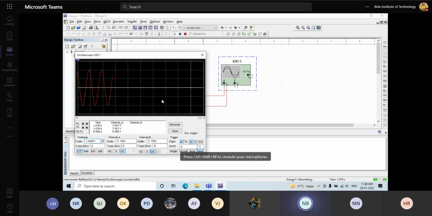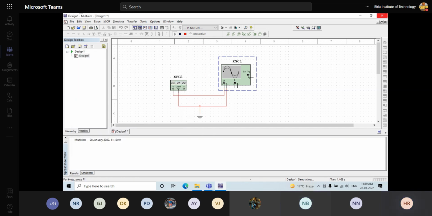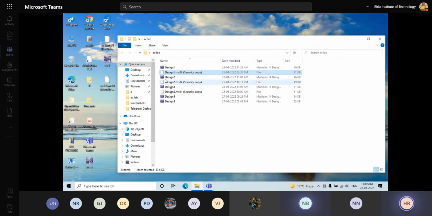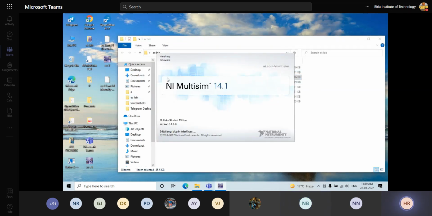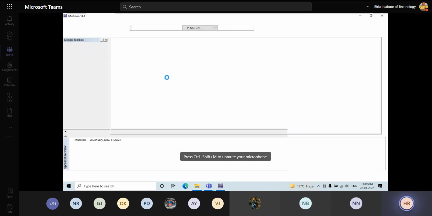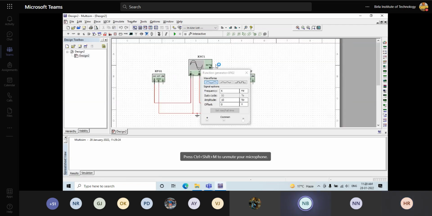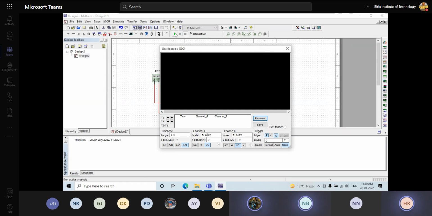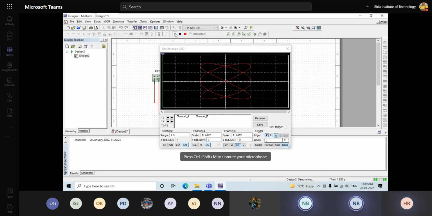Yes, sir. This is the first experiment. Sir, Ayush Kashyap, can I go next? And this is 1B. Yes, yes. After Ayush, Narayan, then Gautam Kumar. So this is 1B.